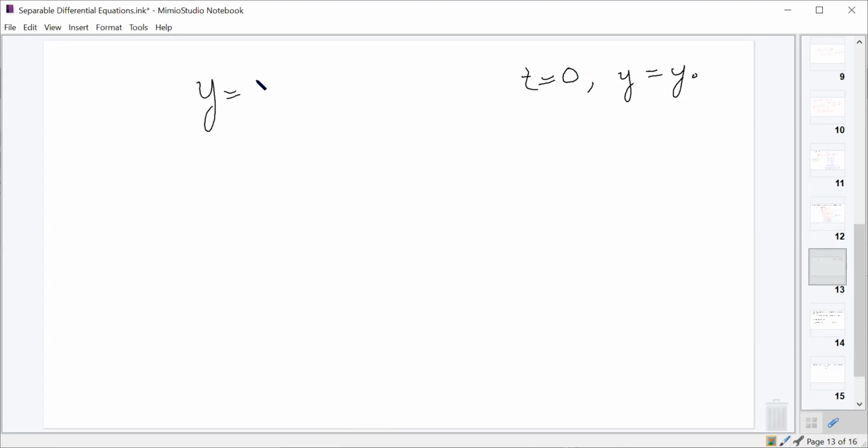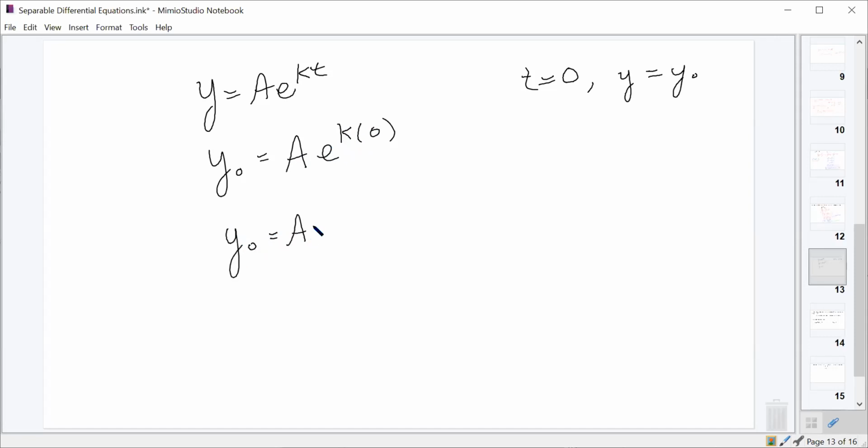So y equals a e to the kt will become y naught equals a e to the k times 0. And what's k times 0? 0. And what's e to the 0 power? 1. And a times 1 is just a.